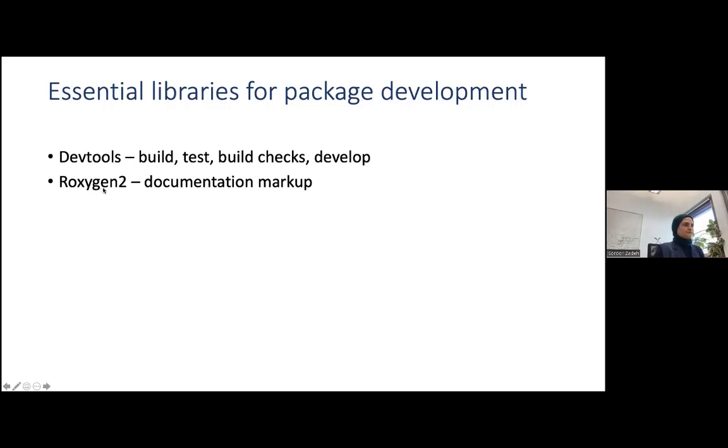Roxygen2 is the library that is used for documentation. Roxygen2 provides a markup language that we use to document the code, which eventually builds the help pages that you see when you call question mark function name in R. So DevTools and Roxygen2 are the main two libraries that you need to know for developing an R package.